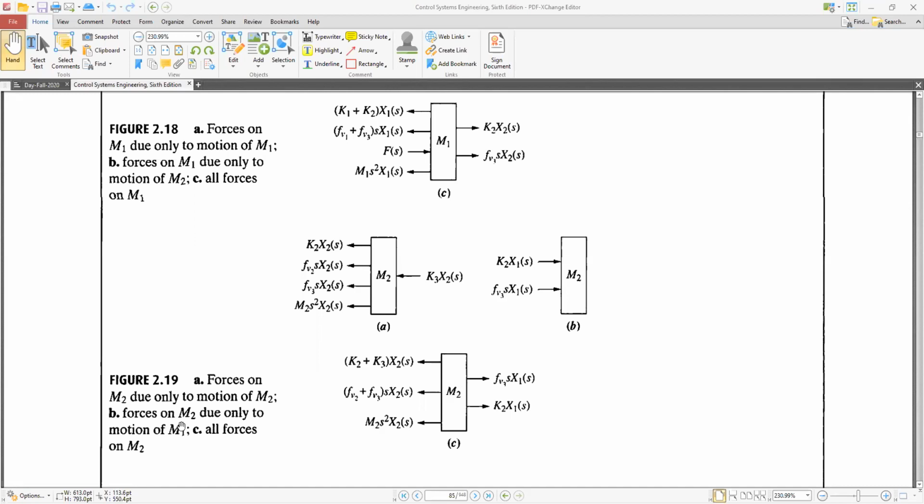And the forces on M2 due only to motion of M1. Combine all three. You do not need to write all these things. Just draw the final block, that is enough for the time being.